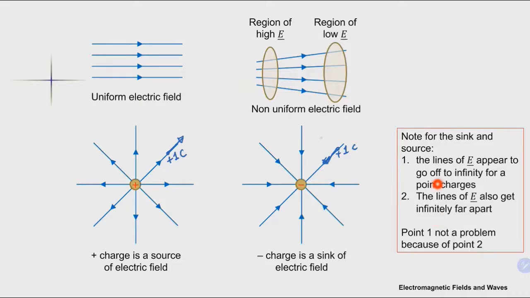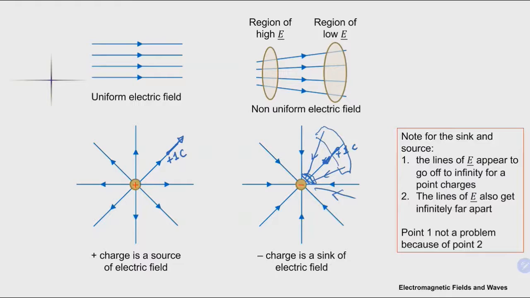Okay, similarly, if I try to draw more lines, no matter how I draw, we know that the region closer to the charge will have more lines, or more compact lines, compared to further away, where the lines are much wider.